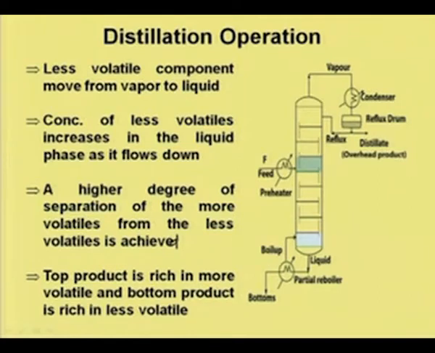The top product, which we get as the overhead product, is rich in the more volatile component, and the bottom product, which is termed the bottoms, is rich in the less volatile.